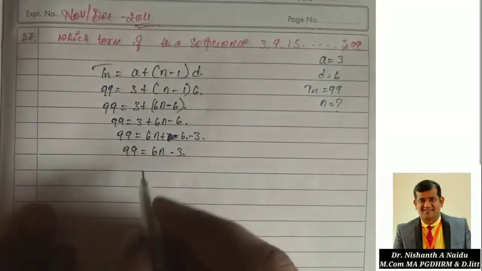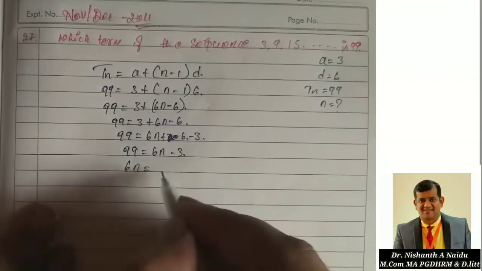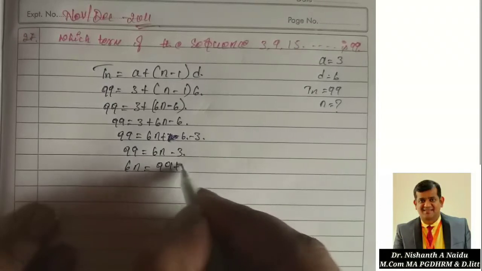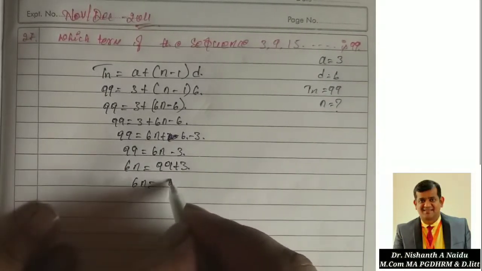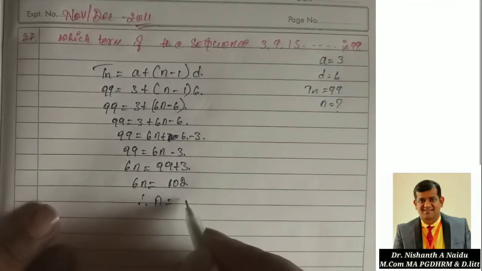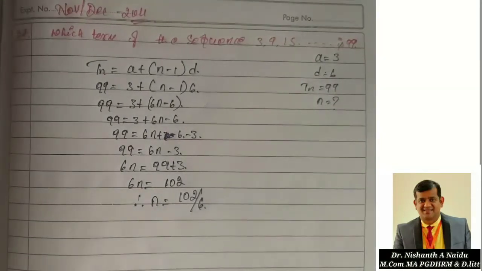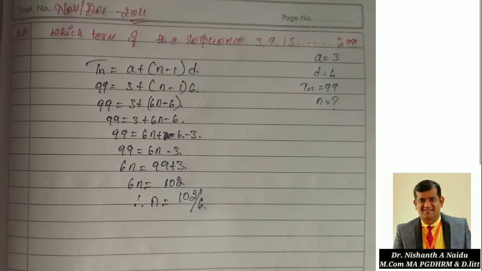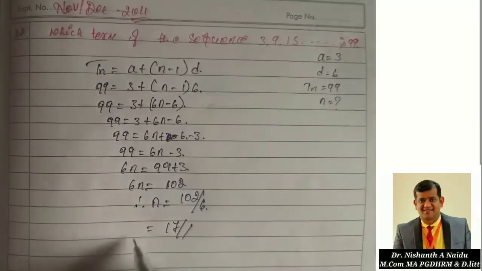So 6n equals 99 plus 3, that is 6n equals 102. Therefore n equals 102 divided by 6. So n is 17.